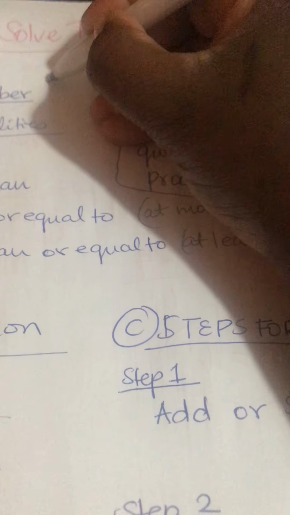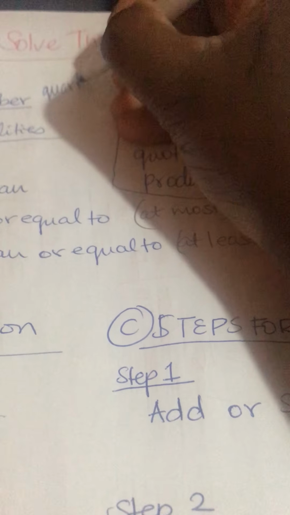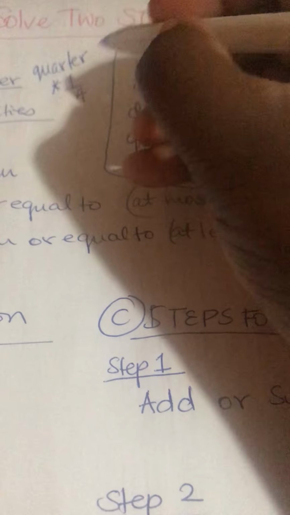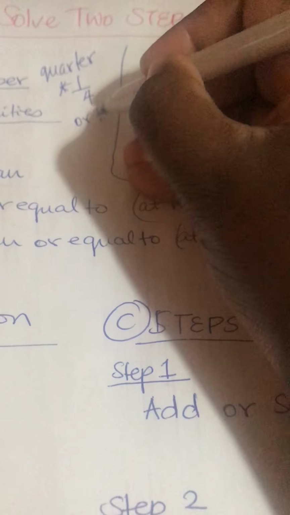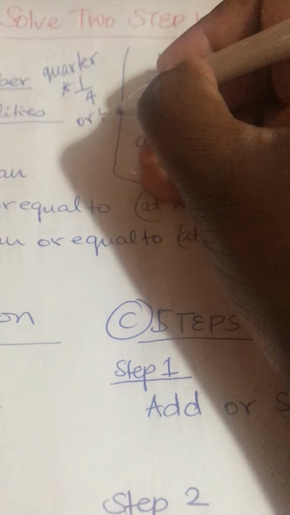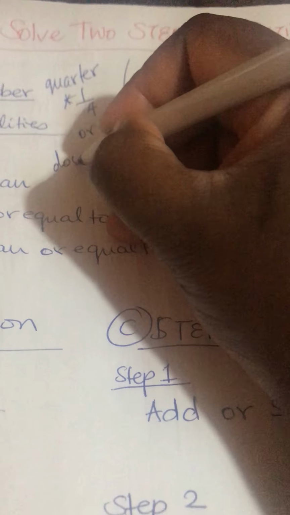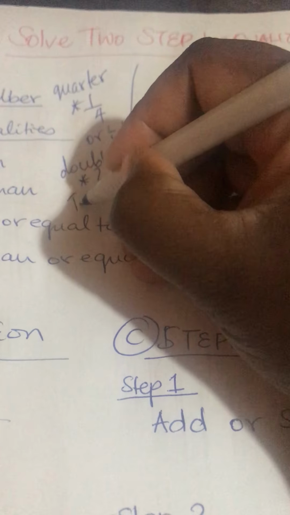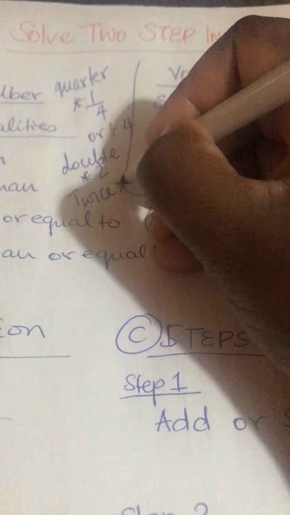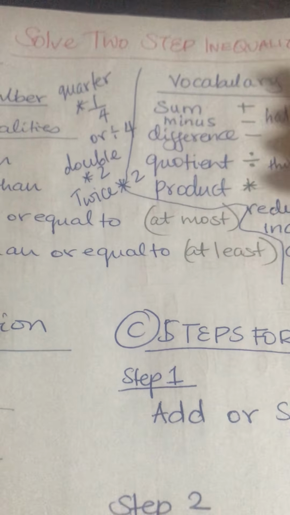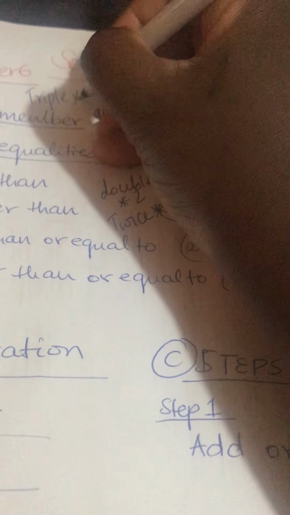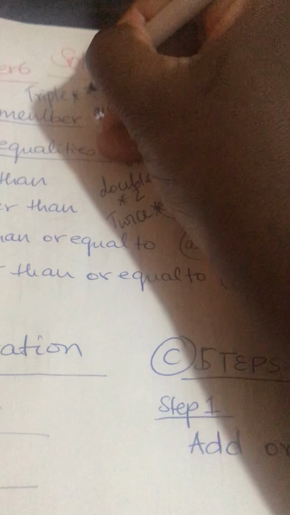If you see quarter, it means multiply by 1/4 or divide by 4. You should know double. Double means multiply by 2. Twice means multiply by 2. Triple means multiply by 3, like that.